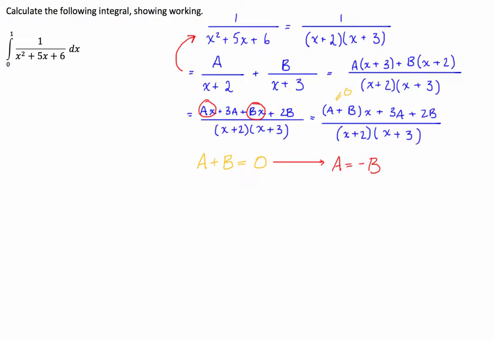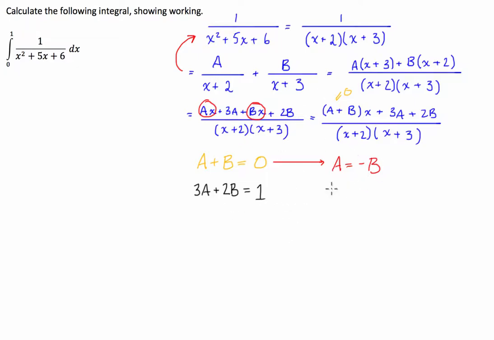And what we also can say is, because the 3A and the 2B, when combined together, are going to produce the single number 1 that we have in our numerator, 3A plus 2B must equal 1.